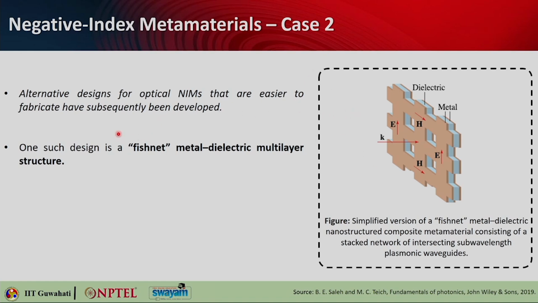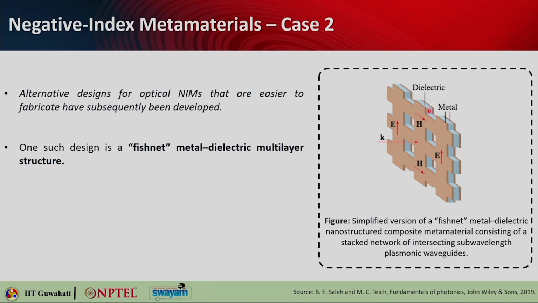So alternative designs are something like, for optical negative index metamaterials, they are easier to fabricate if you follow this kind of design. As you can see, this is called a fishnet metal dielectric multilayer structure. So it looks like a fishnet.